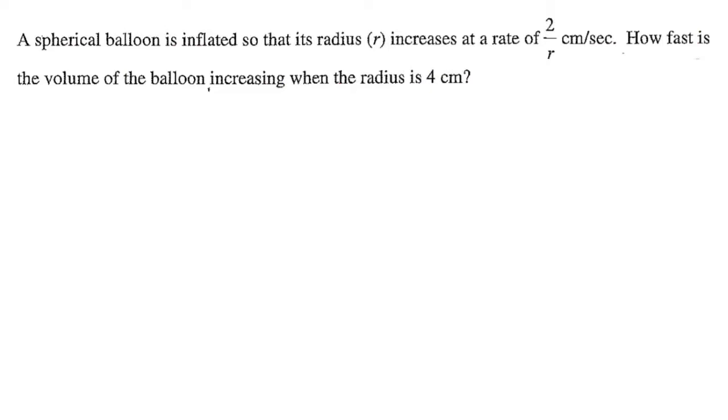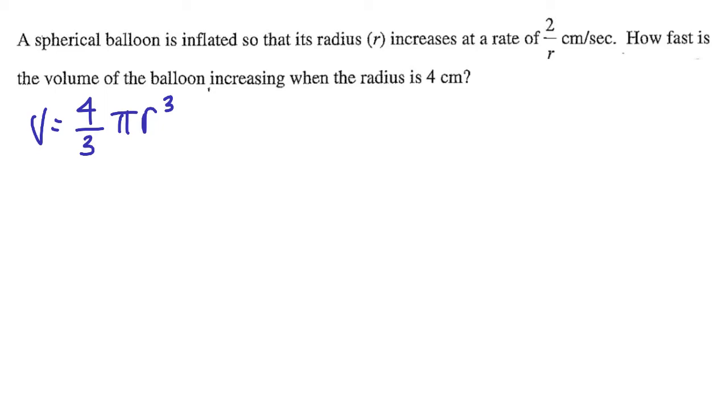Okay, so for this one, it looks like we're working on a spherical balloon. Of course, we all know that volume formula just off the top of our heads, I'm sure. It's a sphere, so 4/3 pi r cubed. Okay, so a spherical balloon is inflated so that its radius increases.